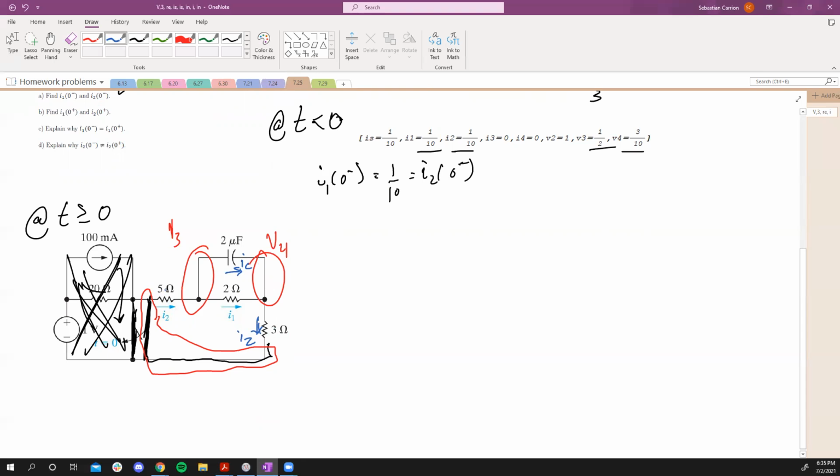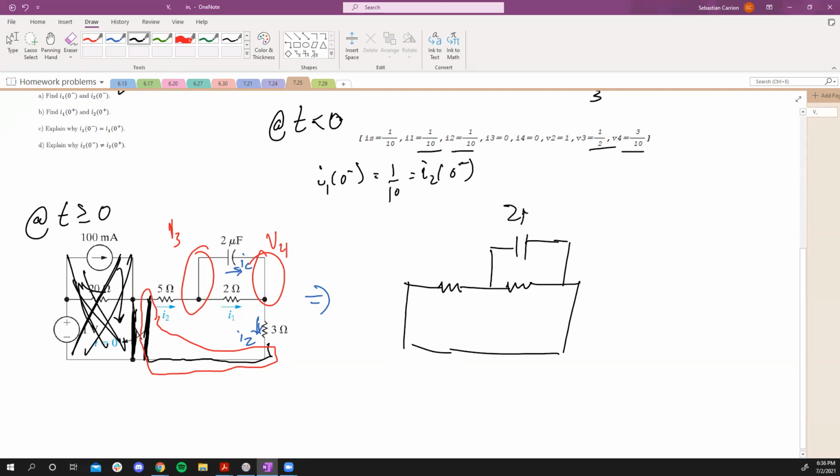You notice that this 5 ohm resistor and this 3 ohm resistor share one node, so we can recombine them. Call this I2, I1, and IC.